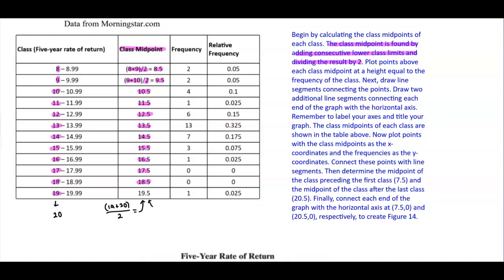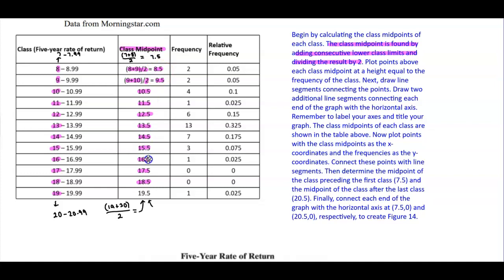Likewise, what would be the one before the 8? That would be 7, which would go to 7.99. Same thing here, this would go to 20.99. When we have our 7 up here for our lower class limit, we add the next lower class limit, which is 8, and divide by 2, and that gives us 7.5. So now we have the class midpoints.